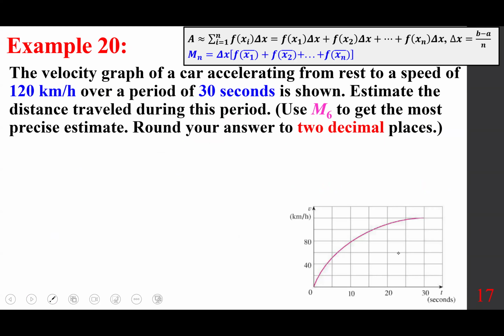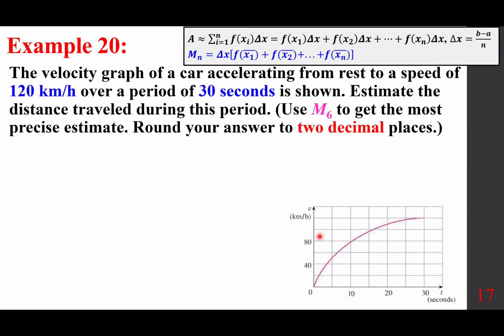Here's the last question we're going to look at. The velocity graph of a car accelerating from rest to a speed of 120 kilometers per hour over the course of 30 seconds is shown.